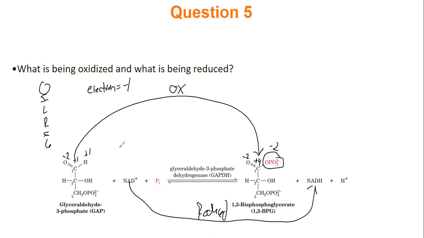NAD, and you remember we saw this. It gets that weird hydrogen with 2 electrons on it. That's why it becomes NADH, and that's why it loses its charge as well. So there's a redox for you. And like I said, when you see dehydrogenase, think redox reaction.